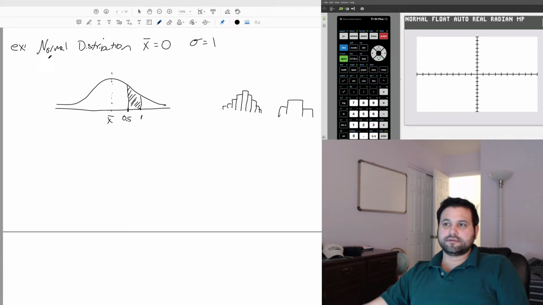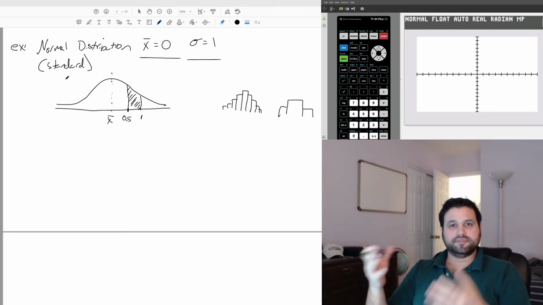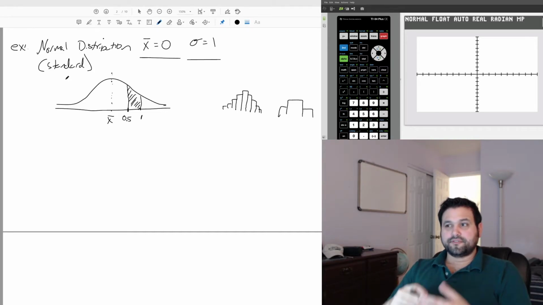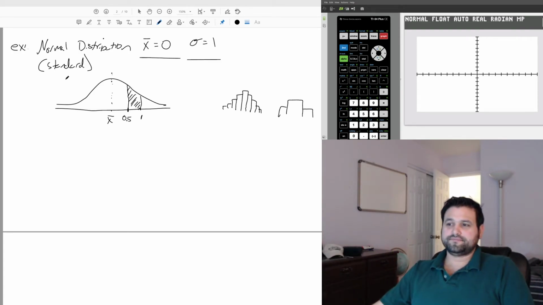this is the one I just said, the mean equals 0, standard deviation 1. That's our standard normal distribution. It's the way the calculator will default the options. But the great thing is that we can make this centered around anything, spread around any standard deviation.